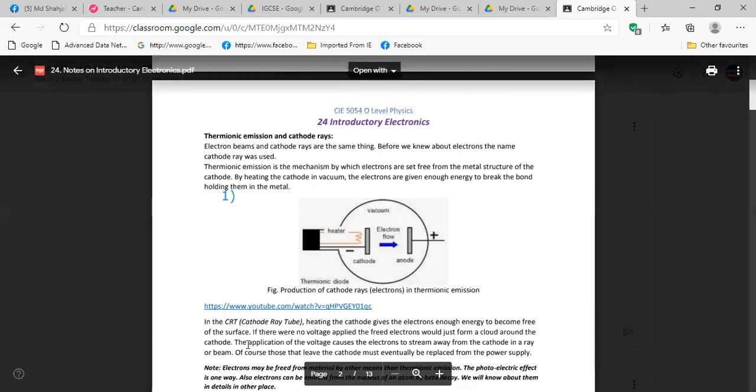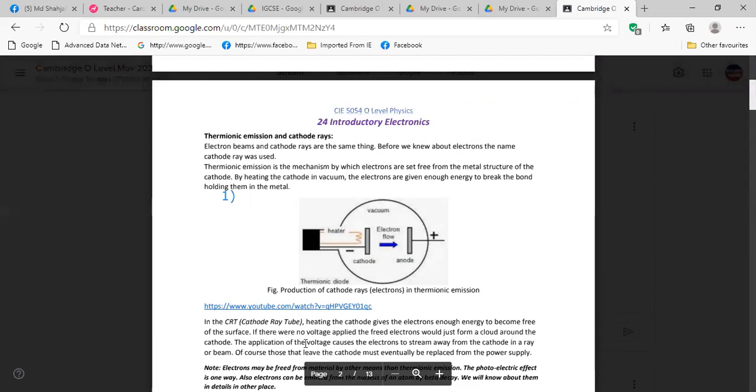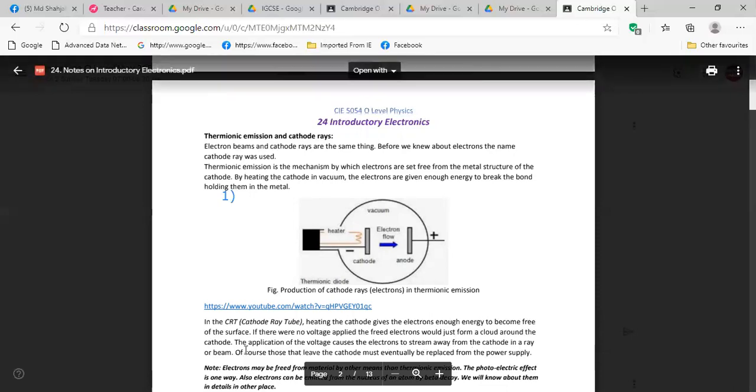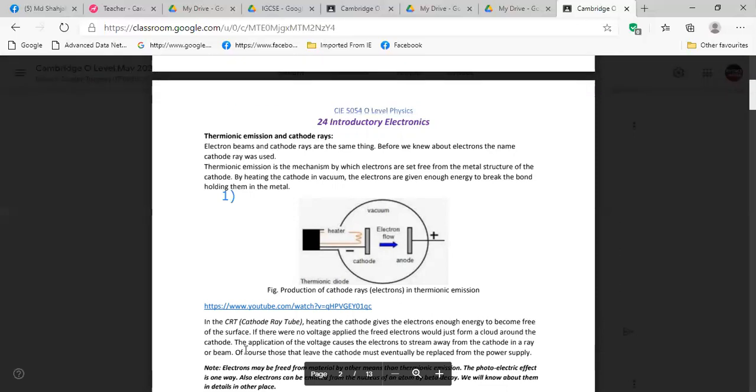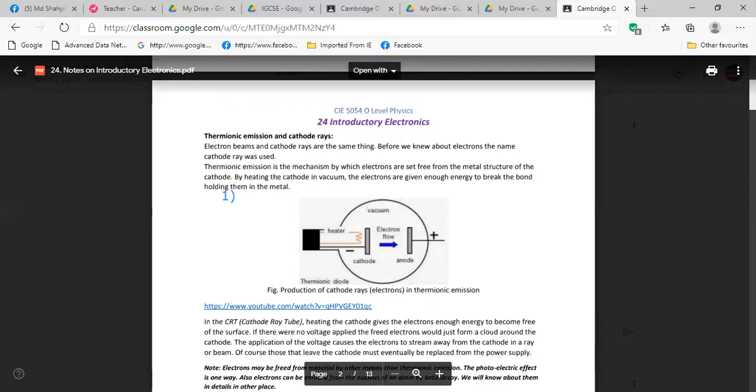The application of the voltage causes the electrons to stream away from the cathode in a ray or beam. So there should be high positive potential here in the anode. Okay, is it clear? Yes, sir.